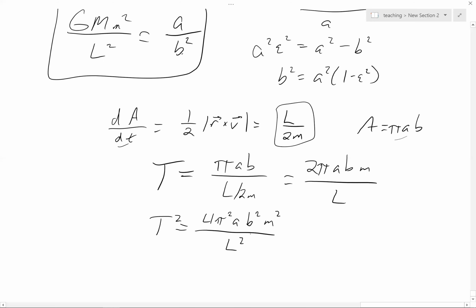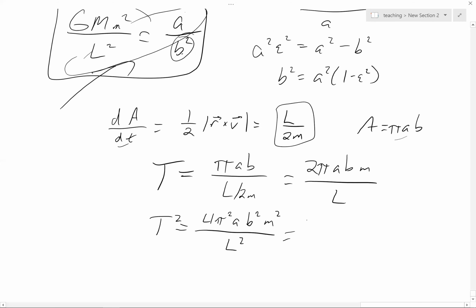The only thing I need to do now is take this formula here and use that value of b squared. If I get b squared by itself, b squared would be a times L squared divided by GMm squared.